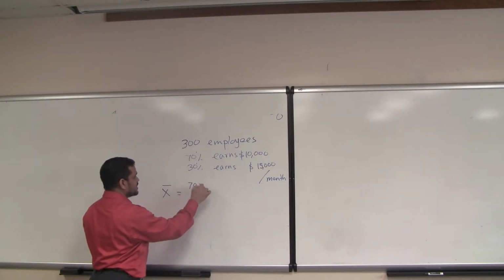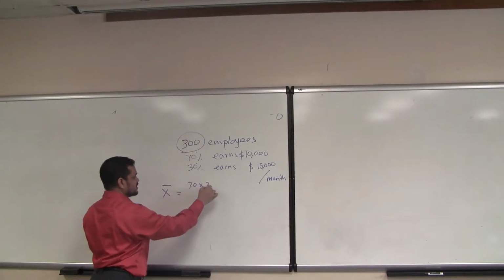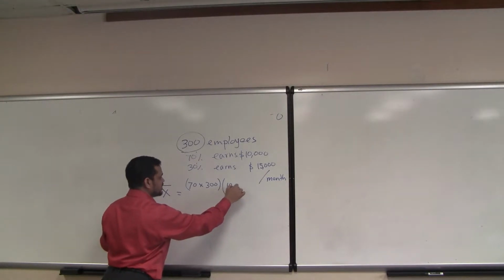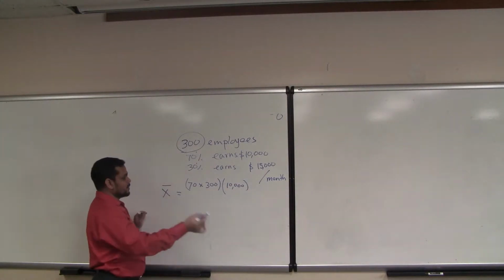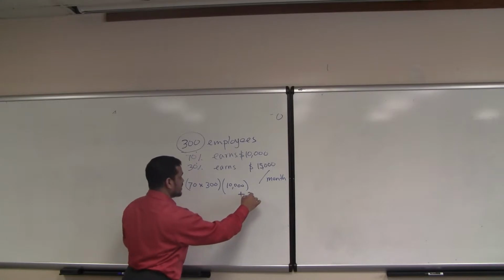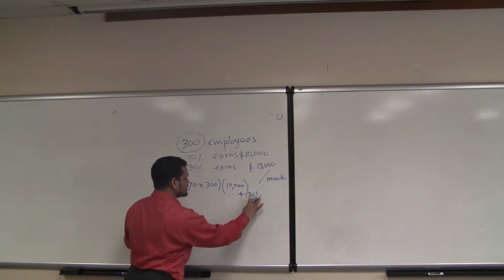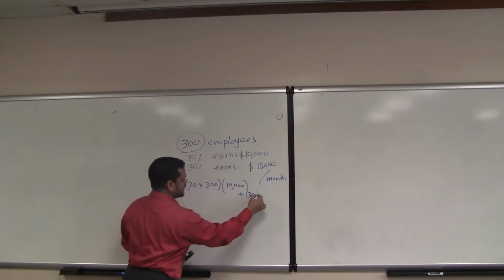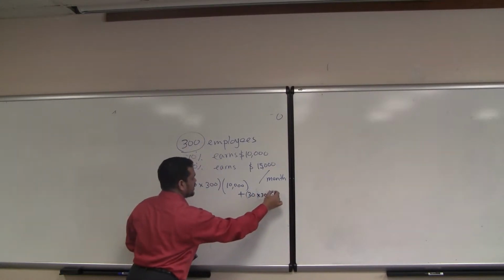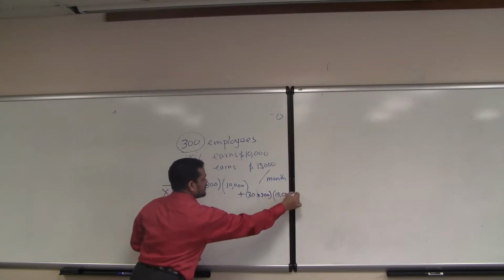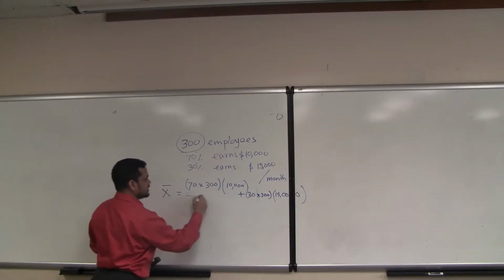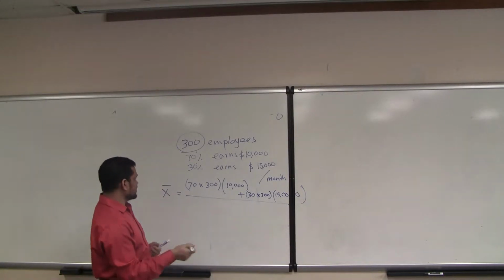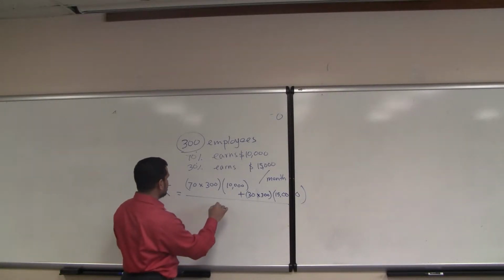of 300, they earn 10,000, plus 30% of 300, they earn 15,000, divided by 100 times 300. That is a big equation.